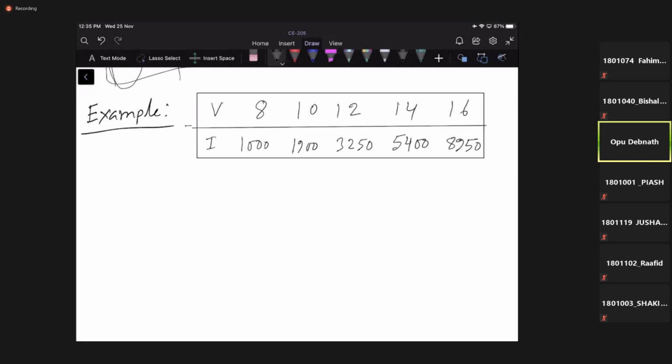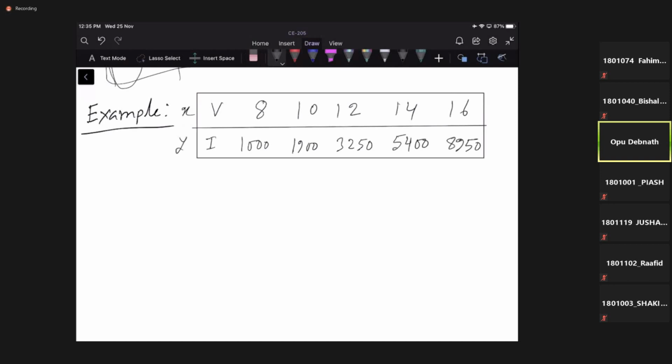When we go for engineering problems, we need to know the dependent and independent variable. You are simply given a data set, and as it is an equal interval problem, you know that 8, 10, 12, 14, 16 is x, and this is your y.